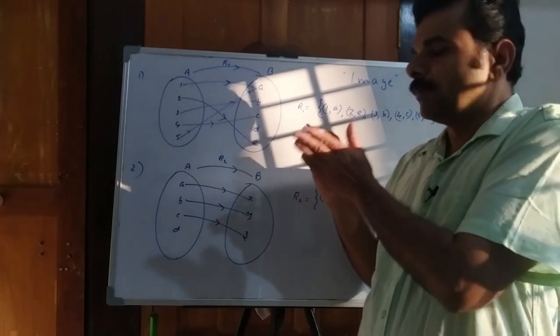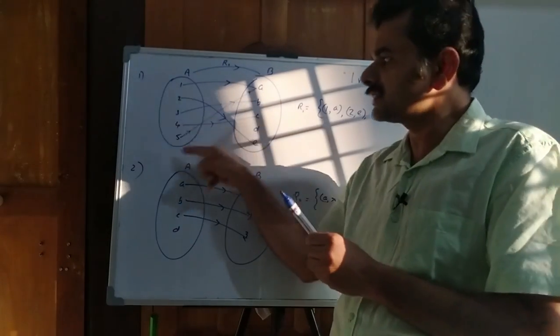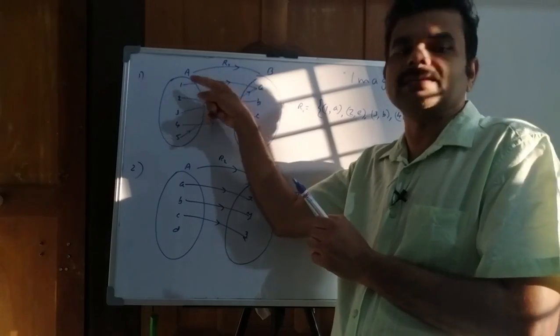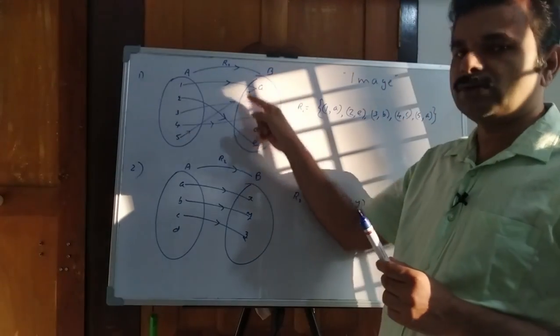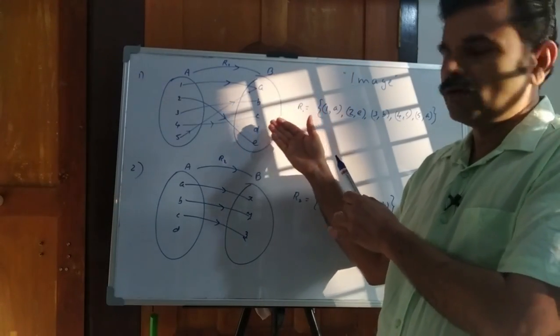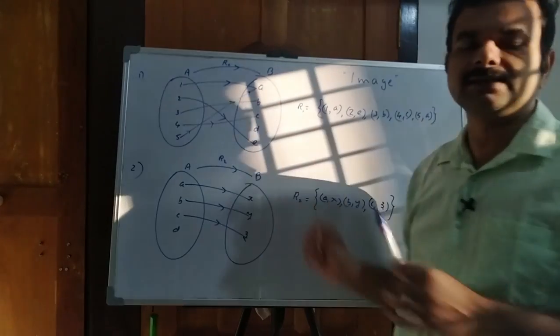So the domain is the set of all elements of the first set from which an arrow mark is started. The range is the set of all elements of the second set at which an arrow mark is ending, isn't it?